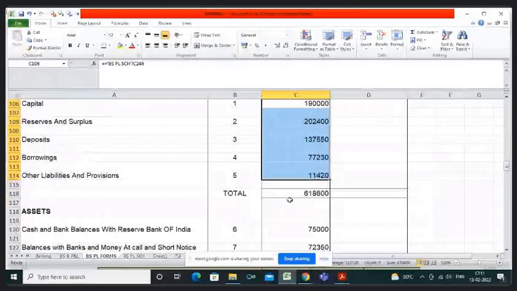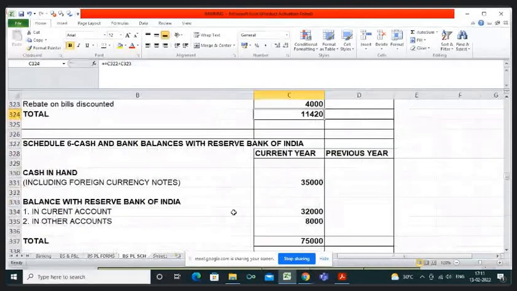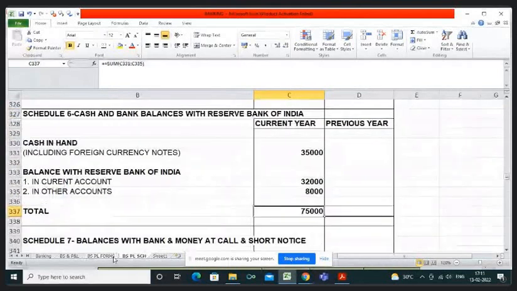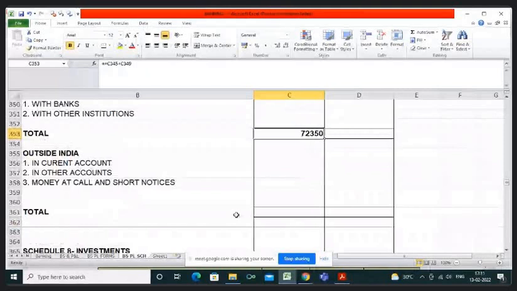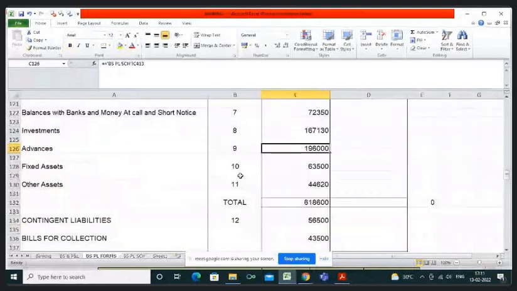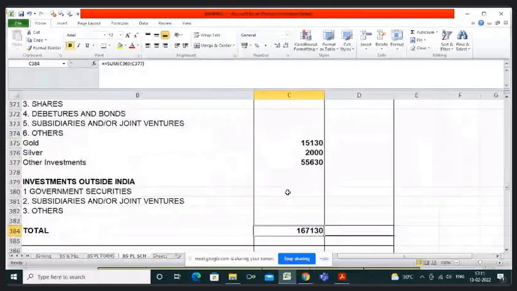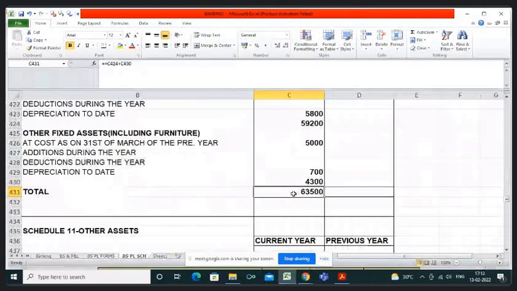Then I will fill the totals from the assets schedules. Schedule 6, 75,000. And schedule 7, 72,350. Schedule 8, 167,130. Schedule 9, 1,96,000. Then schedule 10, 63,500.